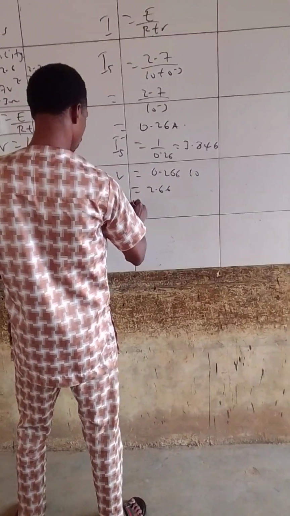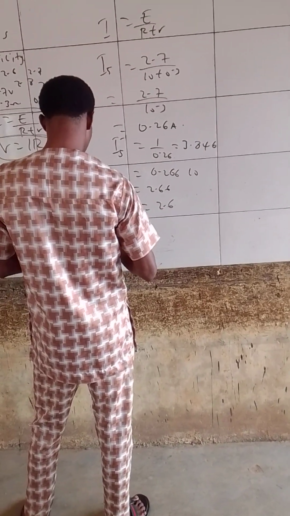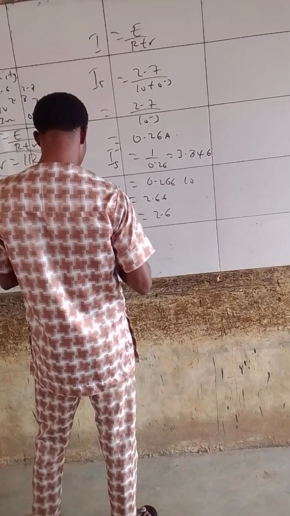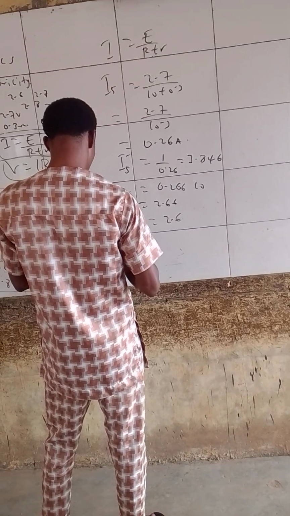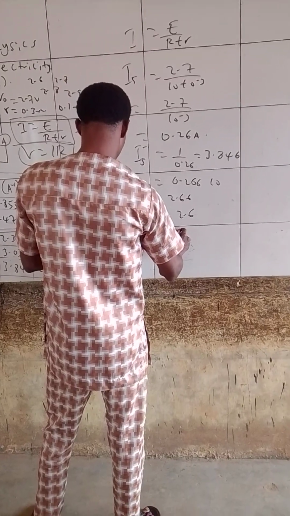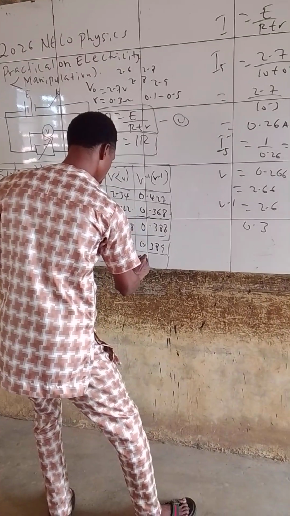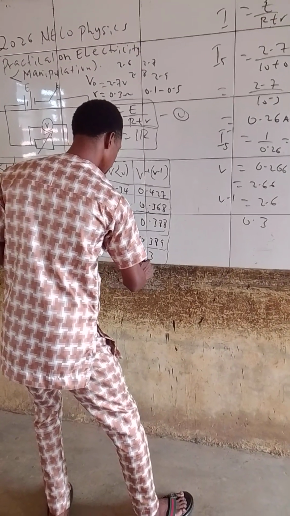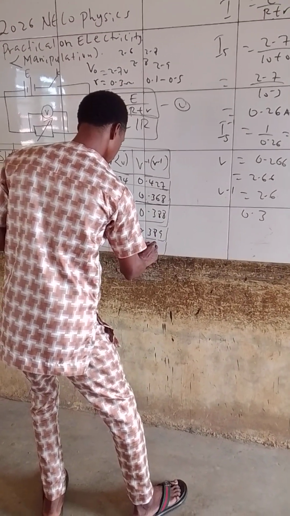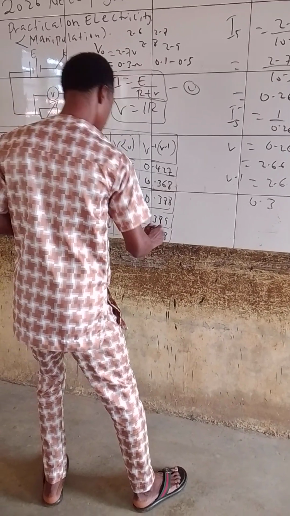I'll find the inverse of this now, that is 1 divided by 2.66, and that will give me 0.3. Since this one is still 3 decimal places, I'll put it as 0.376.